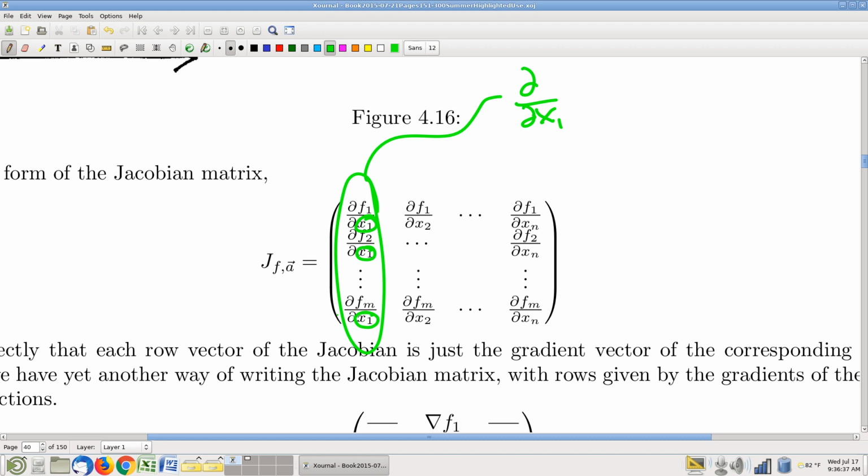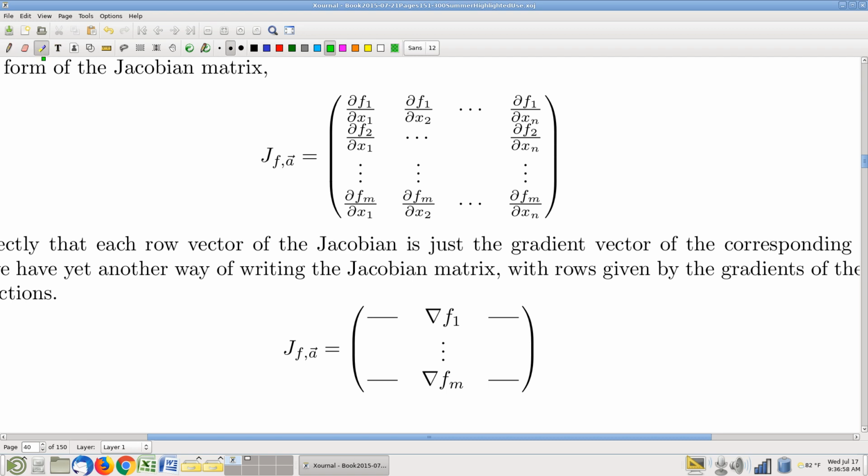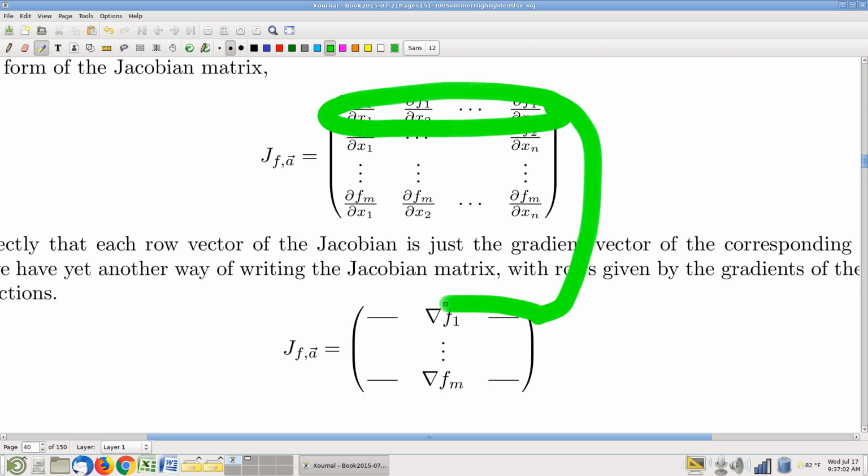So we had an algebraic organization of the columns, and then the individual entries in that column are the different coordinates of the function: f1, then f2, and so on, and finally fm. Notice, as it turns out, that we can also say something about the rows.